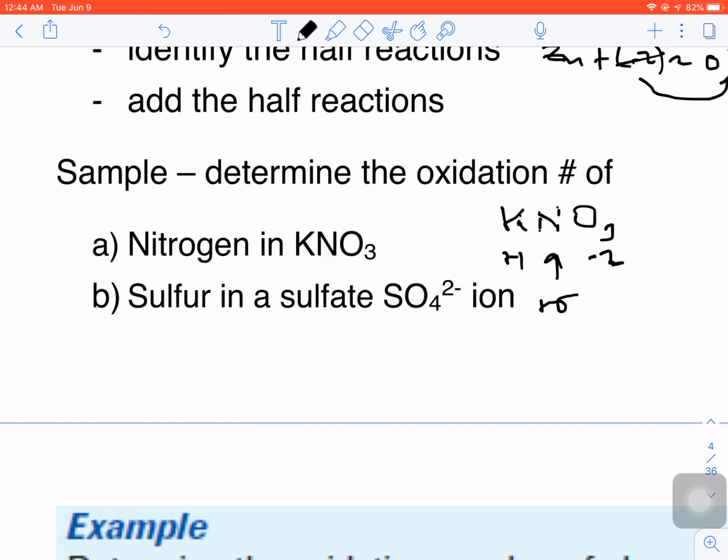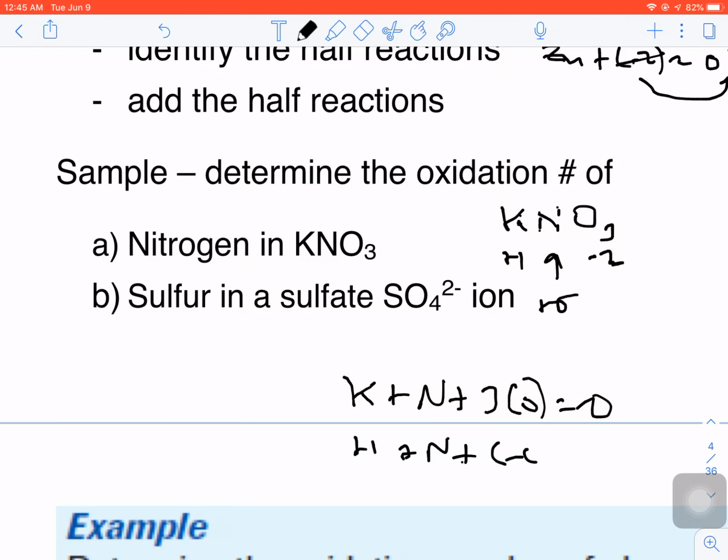Now, if I couldn't really see that, because sometimes it gets a little more tricky than that, I can say the oxidation numbers for potassium plus nitrogen plus the oxygens all add up to 0, because it's a neutral compound, KNO3. Potassium was +1. Nitrogen I didn't know. Oxygen was -2. So 3 times -2 is -6.